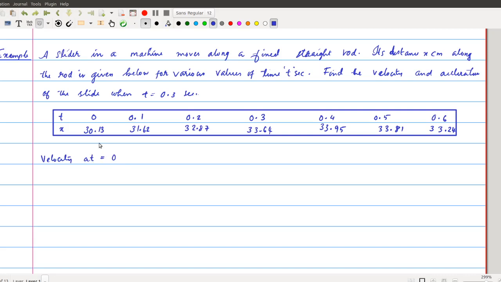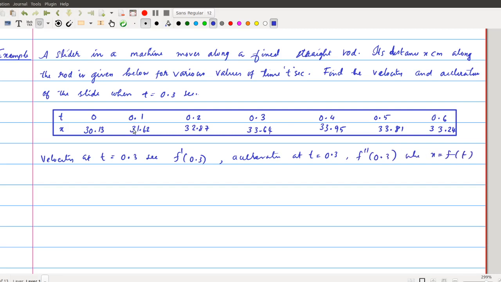The velocity at t equal to 0.3 seconds is nothing but f dash of 0.3. Okay, so similarly the acceleration at t equal to 0.3 is nothing but f double dash of 0.3, where x equal to f of t.